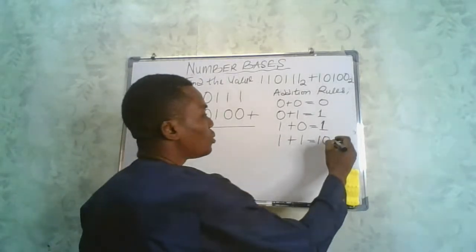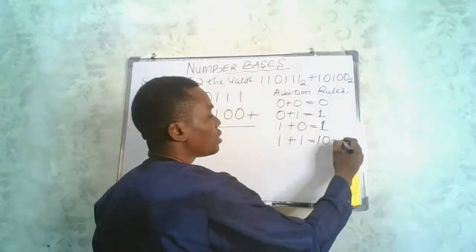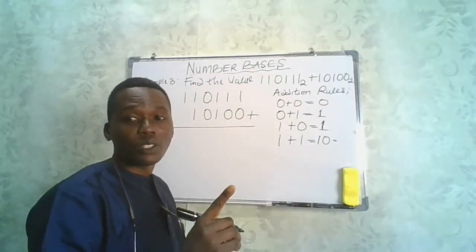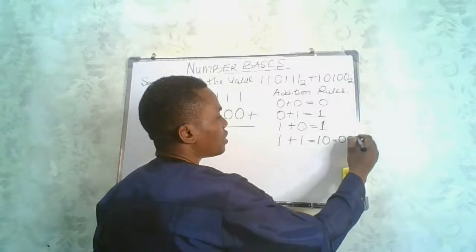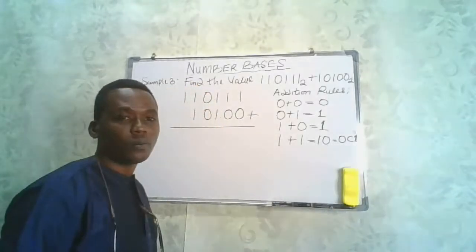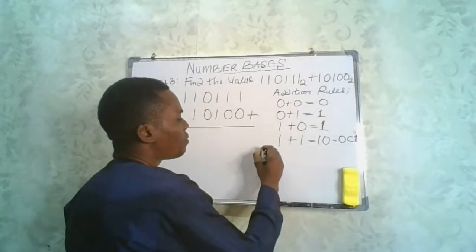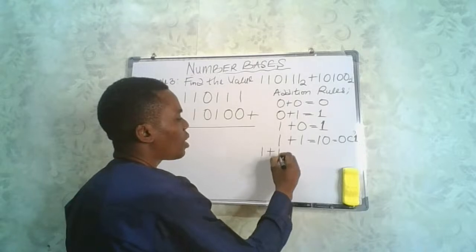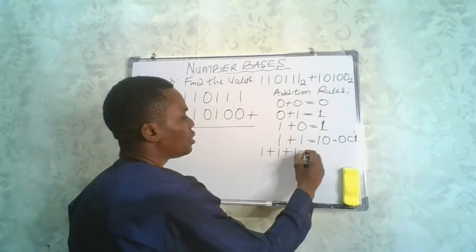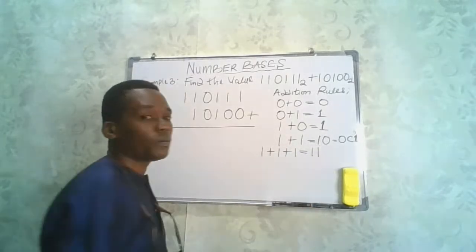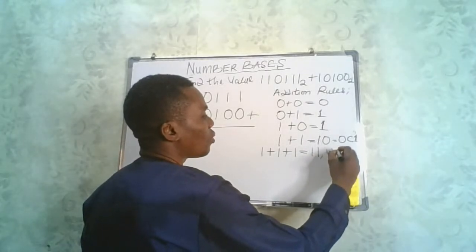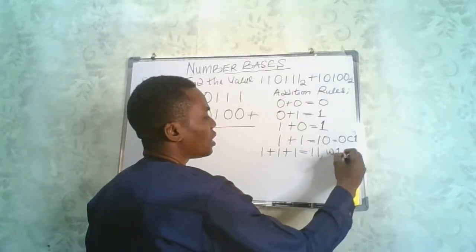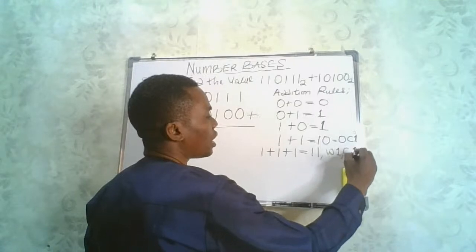So what you are going to do is you write 0 and carry 1. Now, when you have addition of three numbers, 1 plus 1 plus 1, this will be equal to 11. So what you do is you write 1 and carry 1.